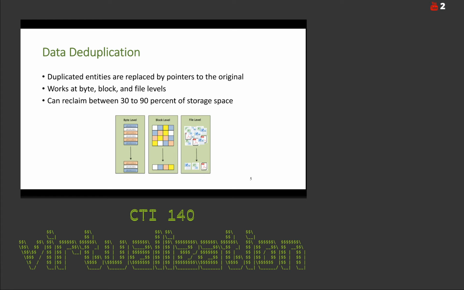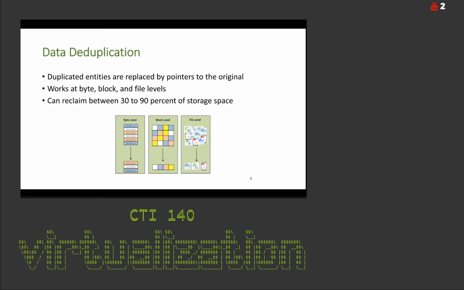These chunks of data can be anything really, from full files all the way down to small bite-sized data strings. So in each case, only one copy of the actual file or only one copy of the data is stored.